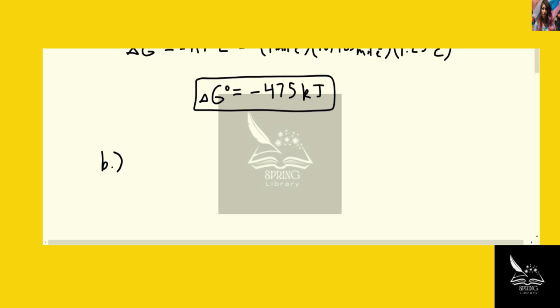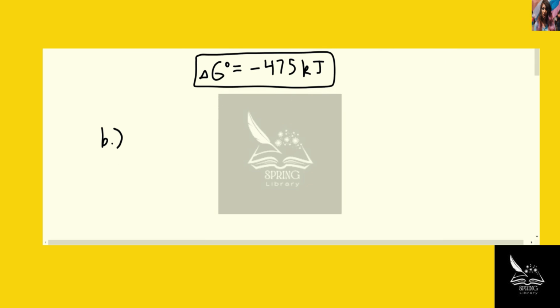And now in part B, we want to predict what the signs are for delta H and delta S at standard conditions. Well, we just found a value for delta G at standard conditions, and we know that the equation that relates those 3 variables is delta G at standard conditions equals delta H at standard conditions minus T delta S at standard conditions.